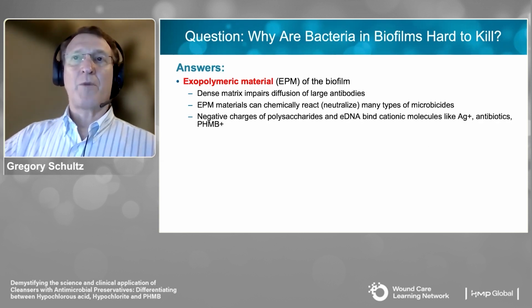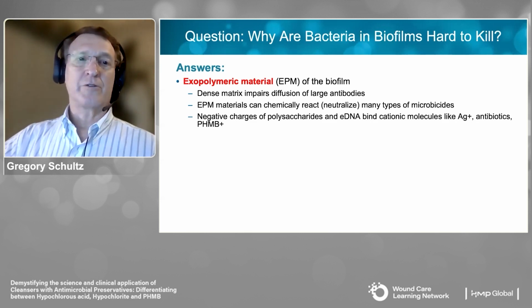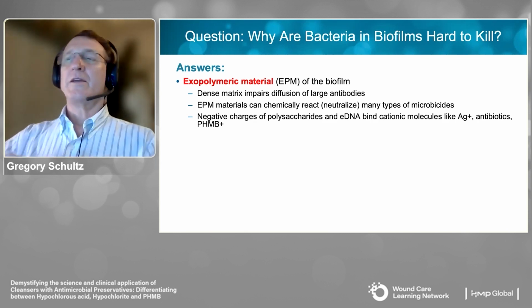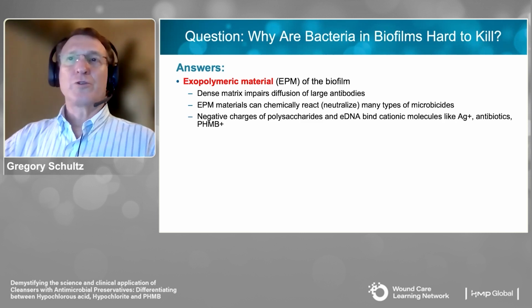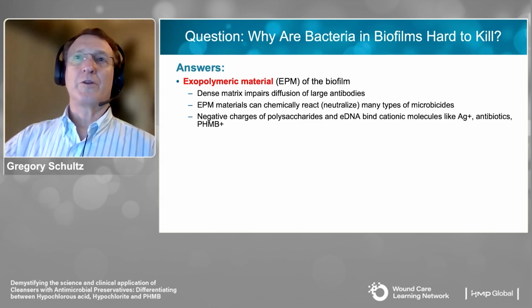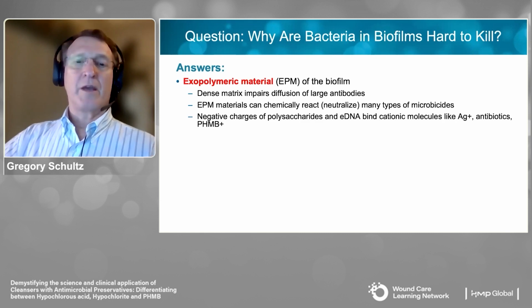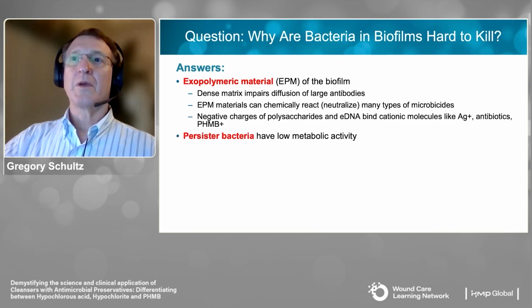Many of the polysaccharides are negatively charged, as is the bacterial DNA, and so they have a negative cloud that reduces the penetration of positively charged materials, like unfortunately many of our antibiotics or some of our cationic microbicides or cationic surfactants.